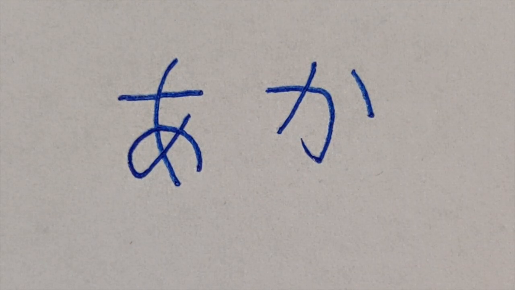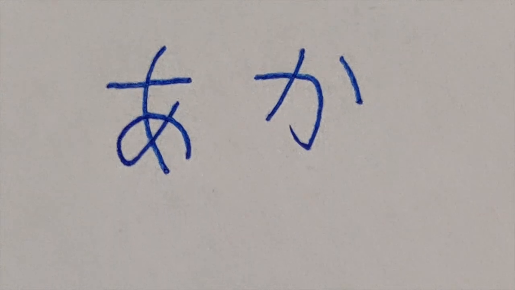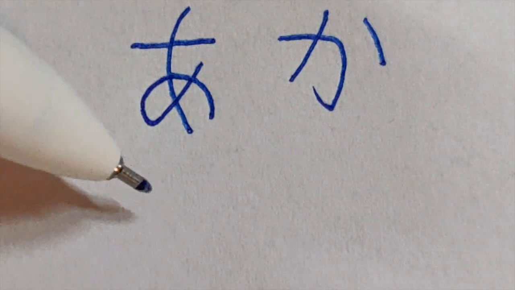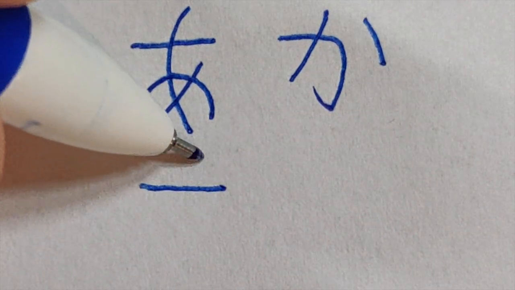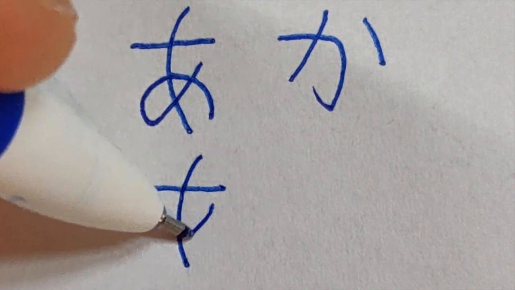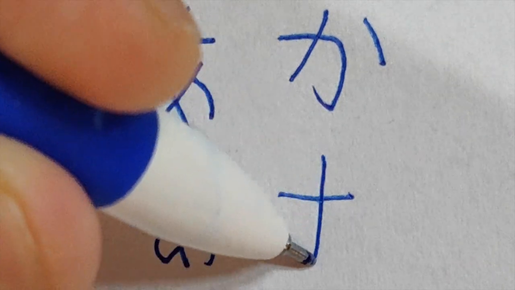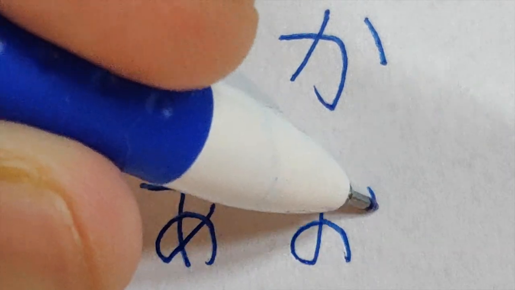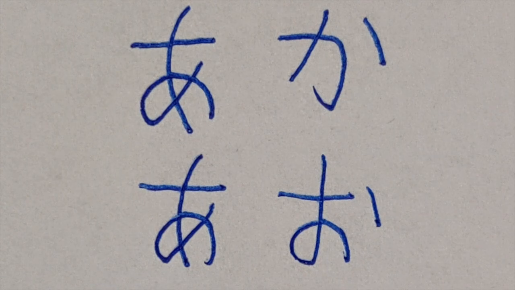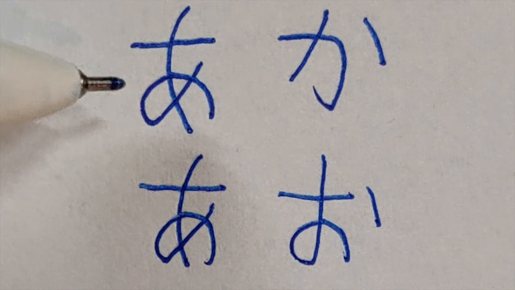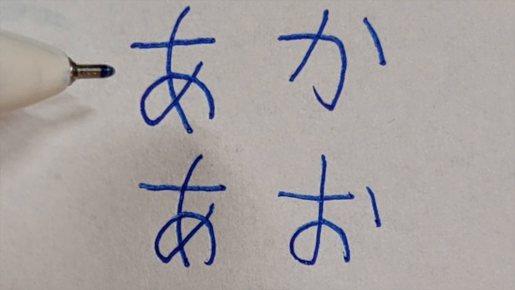This word is aka, which means red, and now we know 2 colors. We had ao for blue, and aka for red.